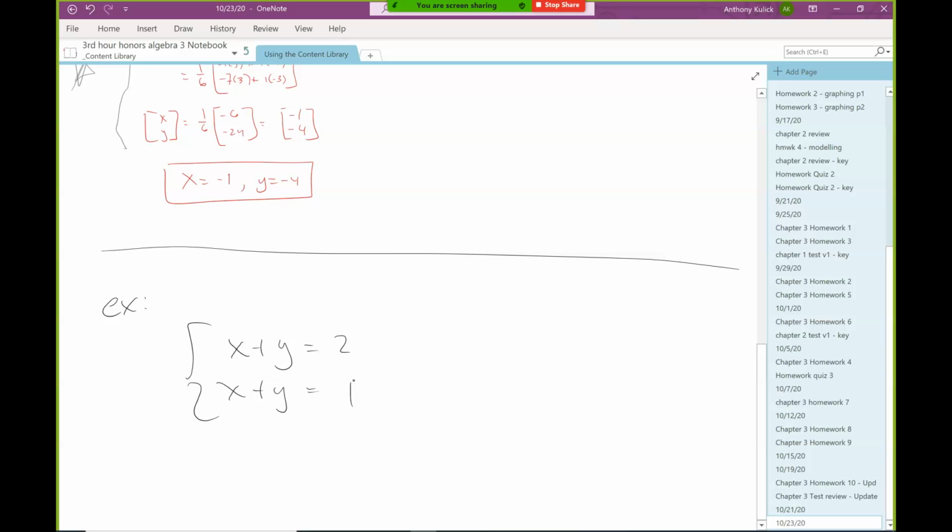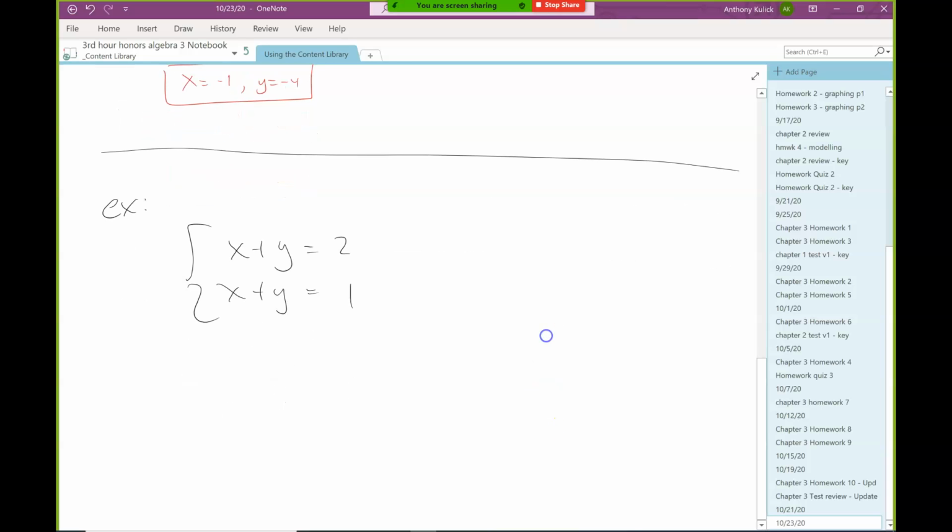So look at this system for a moment. You should know the answer to this without even having to do anything. Okay, so this system has no solution, right? If we tried to set this up as a matrix equation, we'd have this, right?